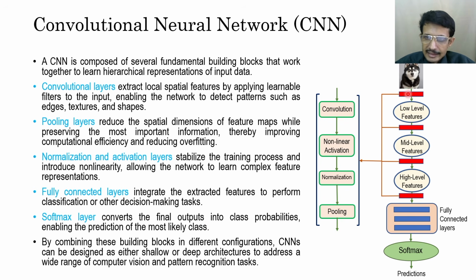Now combining these steps before fully connected and softmax creates the submodule of a CNN. And after that, we put the fully connected and softmax layers, and the whole CNN is designed. So it should address a wide range of computation tasks and data.